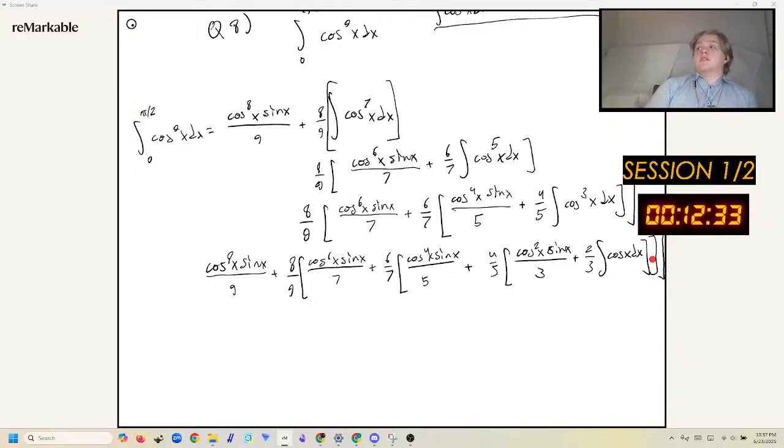Close all three brackets. Now, this disgustingly large function is relatively simple to evaluate.